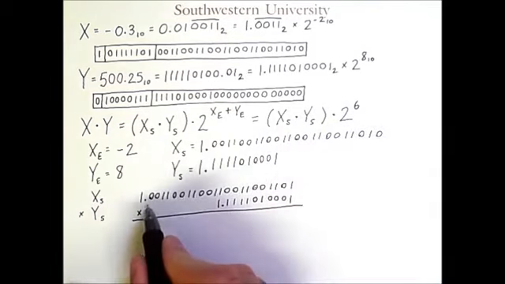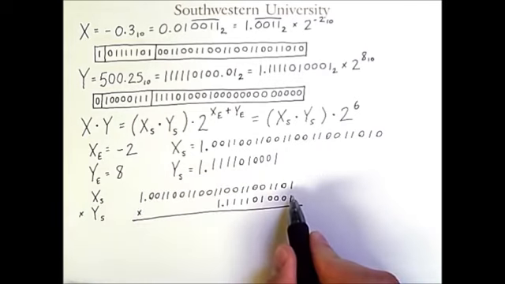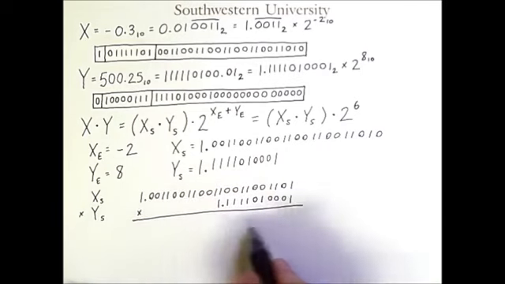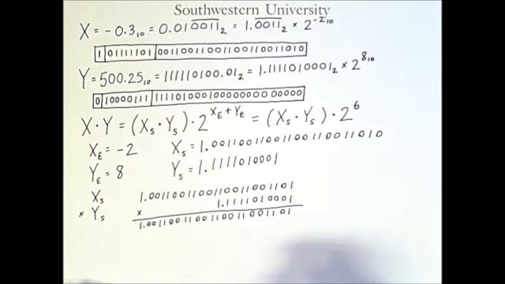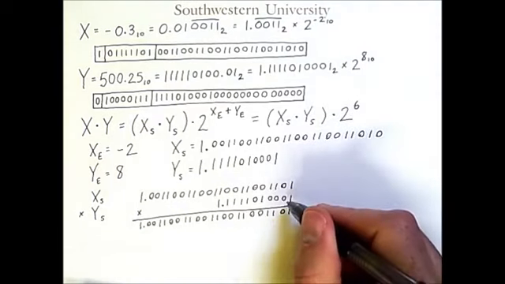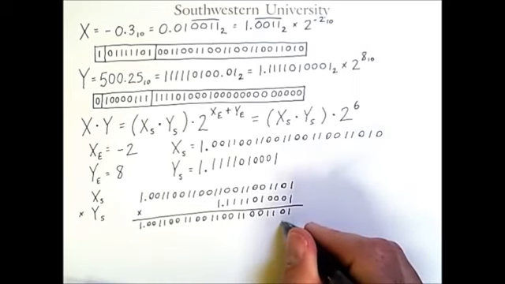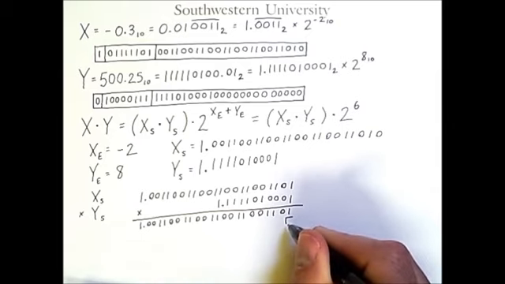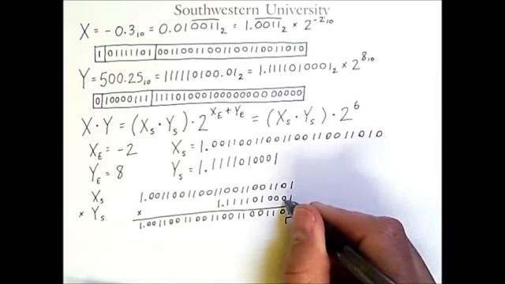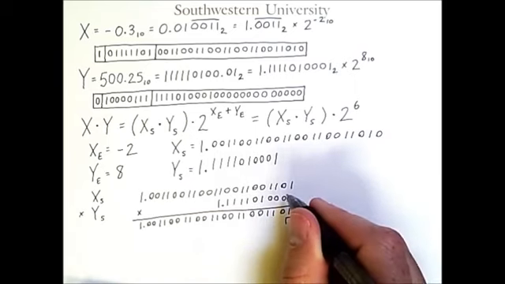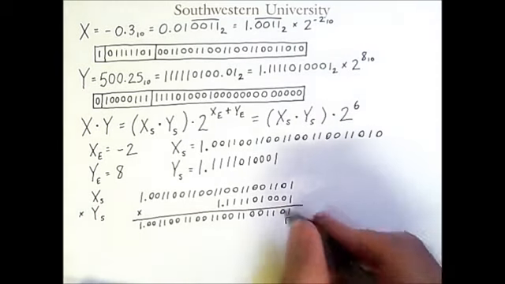1 times this whole number means that I put that whole number on this line here, which I'll do. Now then I would do 0 times that whole number and put it here in this position 1 column over. Of course, 0 times this whole number will be 0, so let's just skip that and leave it out.